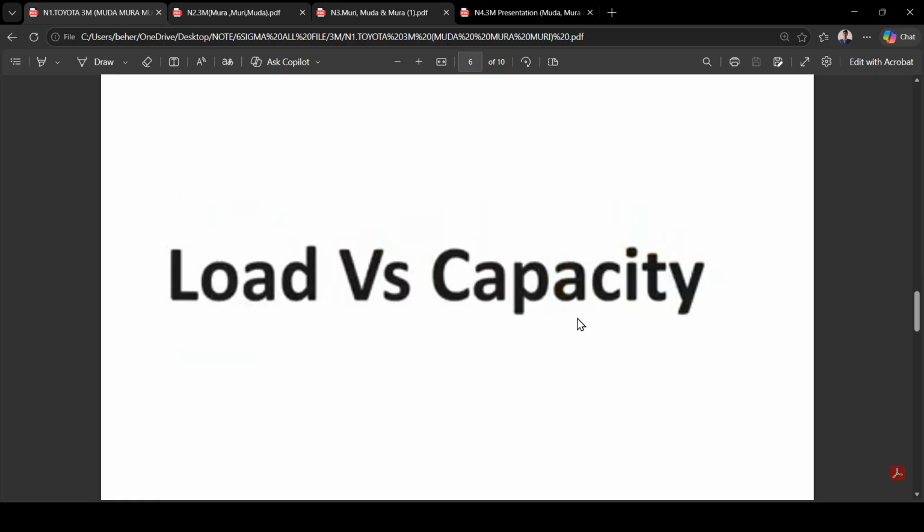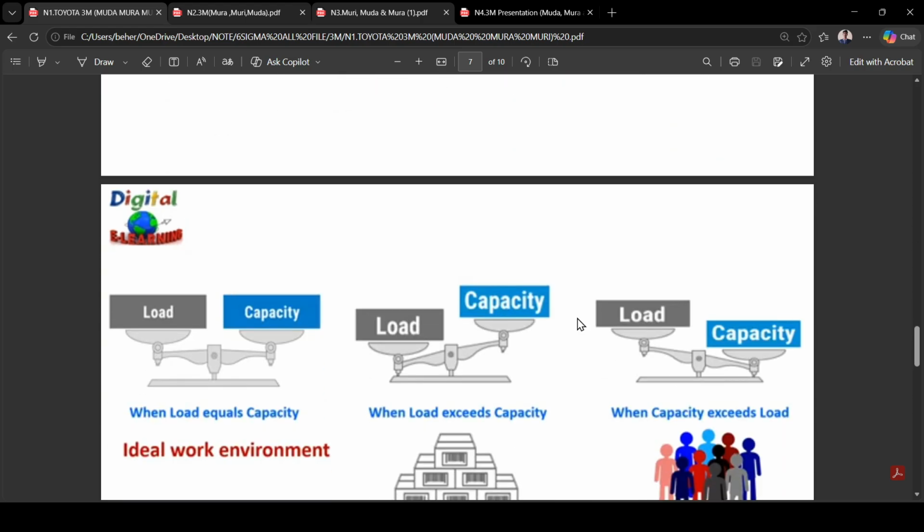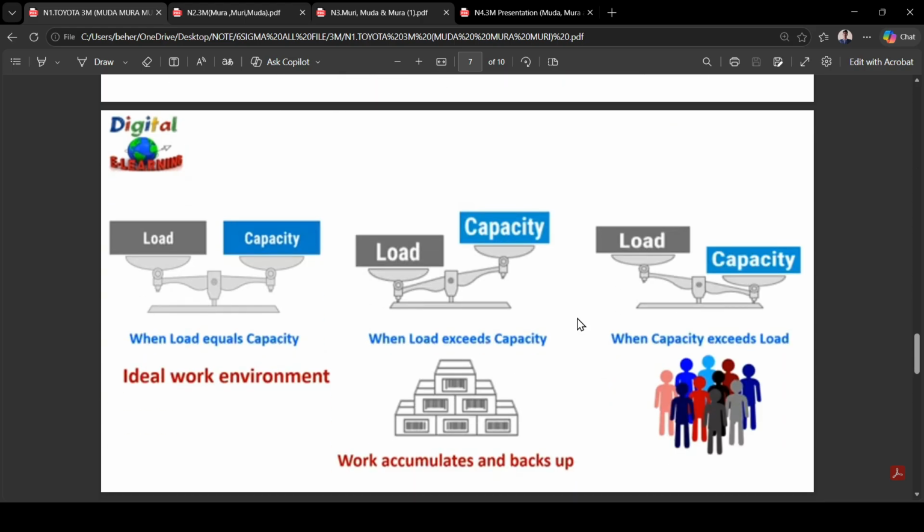So let's understand load versus capacity. Once you see this picture, you can clearly understand what is load and what is capacity. When load equals capacity, that is called an ideal work environment.